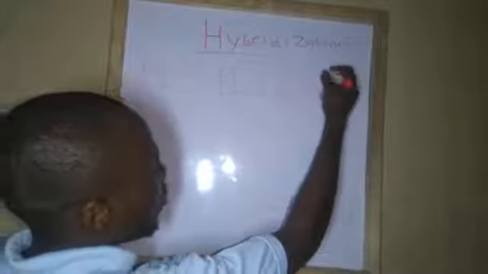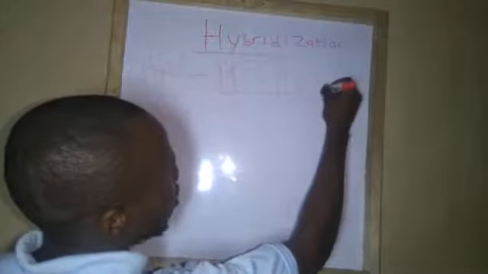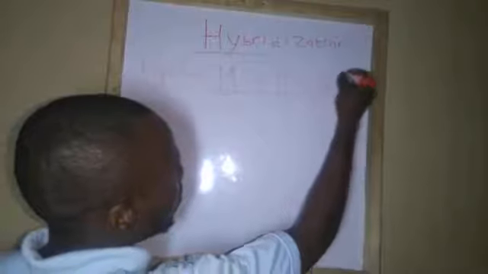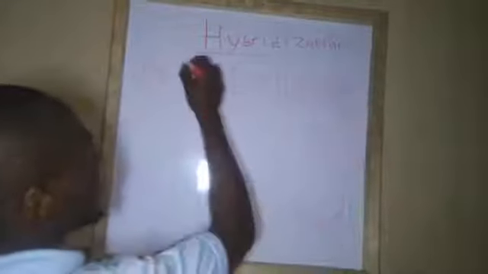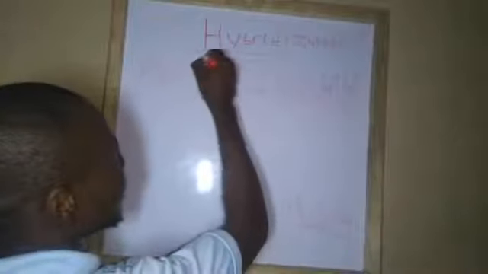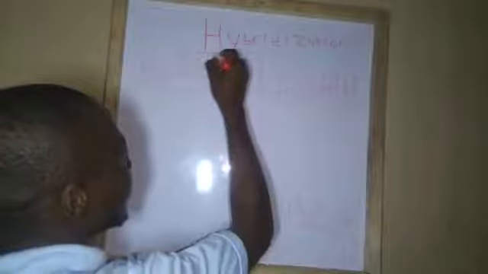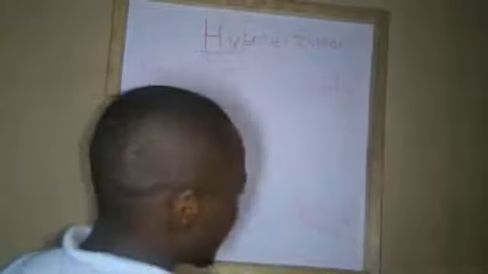So put your H here 1, H here 2, another H here 3. So hybridization in H3O plus is sp3.